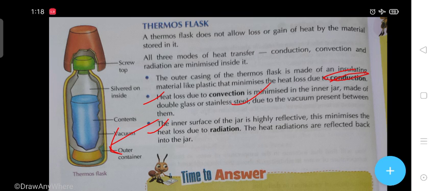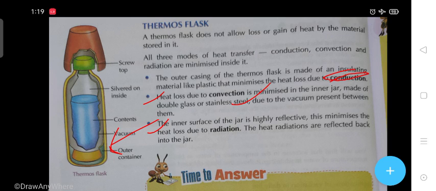And the third one, the inner surface of the jar is highly reflective, and this minimizes the heat loss due to radiation. The heat radiations are reflected back into the jar.